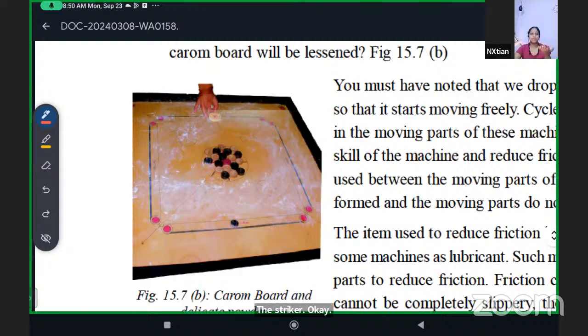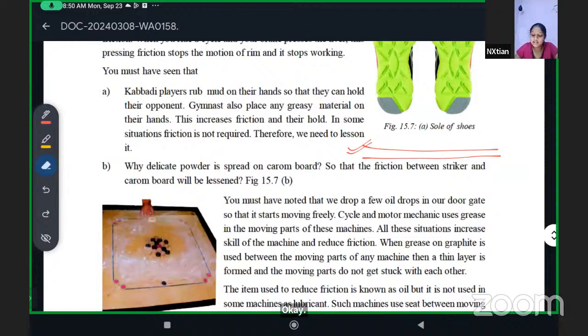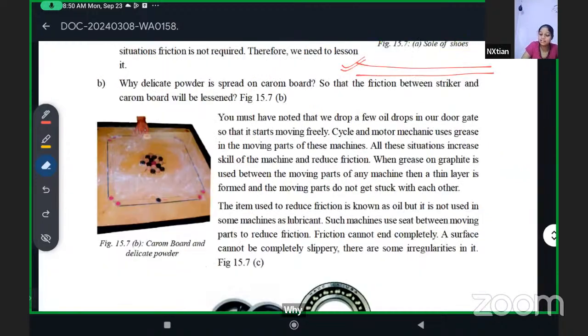So gymnasts also put greasy materials so that they can slide smoothly through the gymnastic things, holes and all. Now, kabaddi players rub mud on their hands so they can hold their opponent. This increases friction in their hold. Powder is spread on the carom board so that the friction between striker and carom board will be lessened.